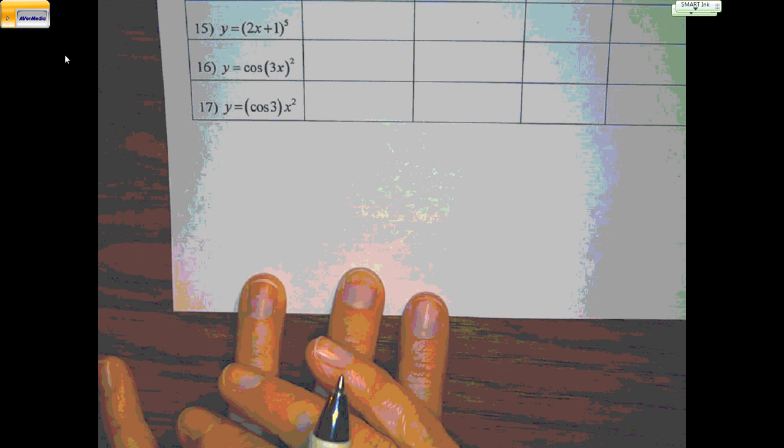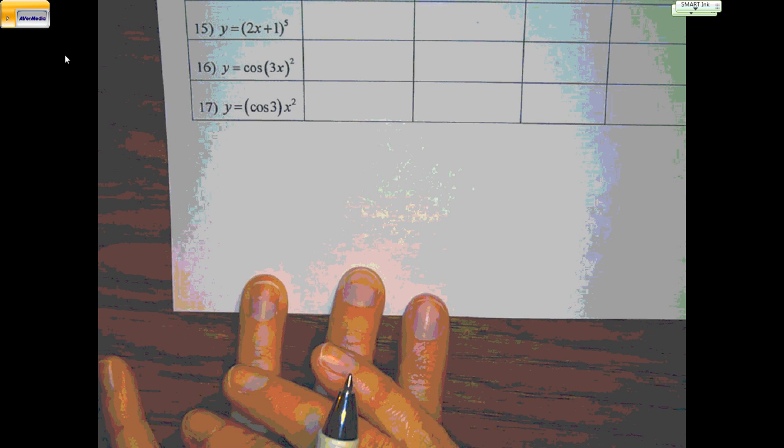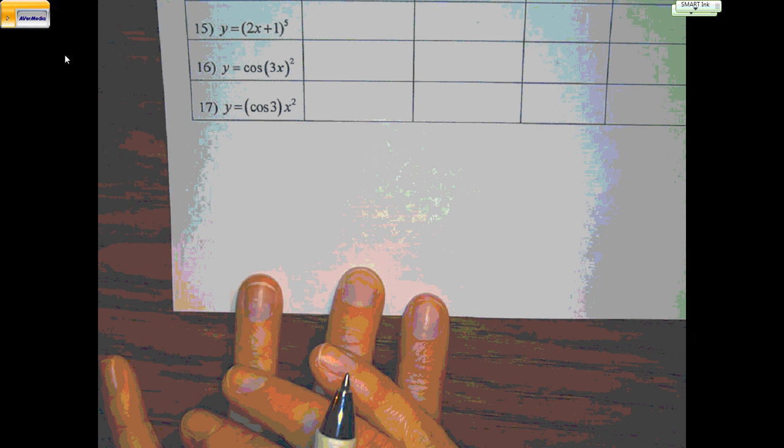17, the last one. Take a look at that. You guys have any thoughts or ahas or confusion? This one's a little trickier. Yes, ma'am?